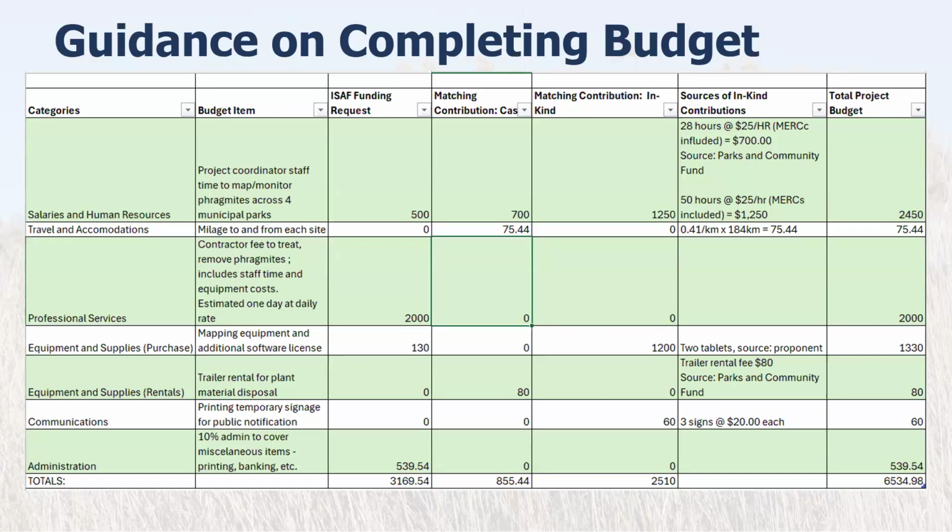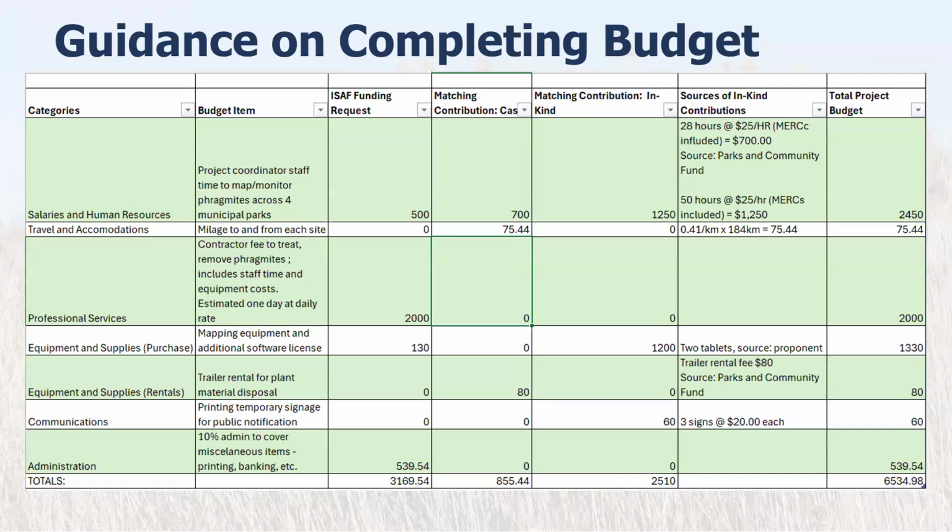So that's going to give us a funding request of $3,169.54 through the Invasive Phragmites Control Fund. We've got matching and in-kind contributions of $855.44 and $2,510. That's going to give us an overall project budget of $6,534.98, or sorry, 98 cents, I should say.